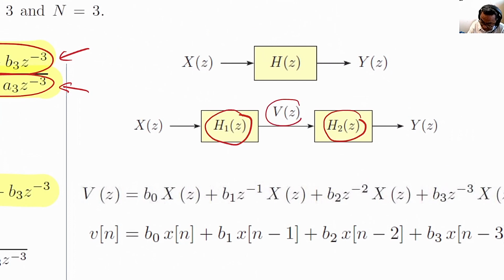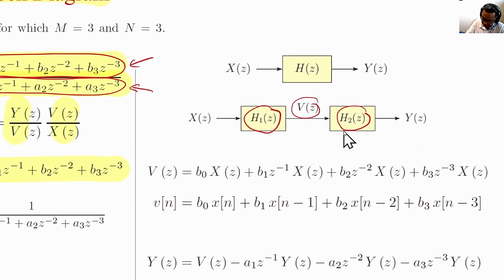Now we can find V(z), which is simply X(z) passing through H1(z). So V(z) is X(z) H1(z). Y(z) is V(z) times H2(z).